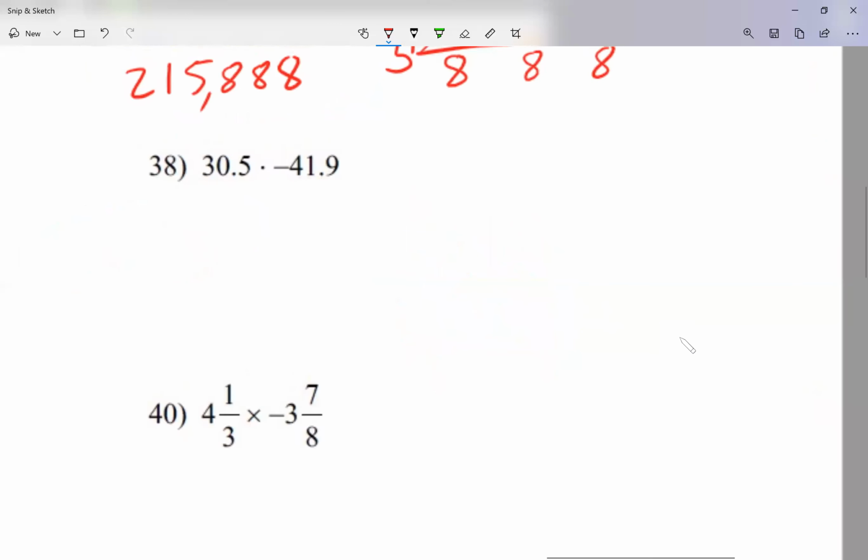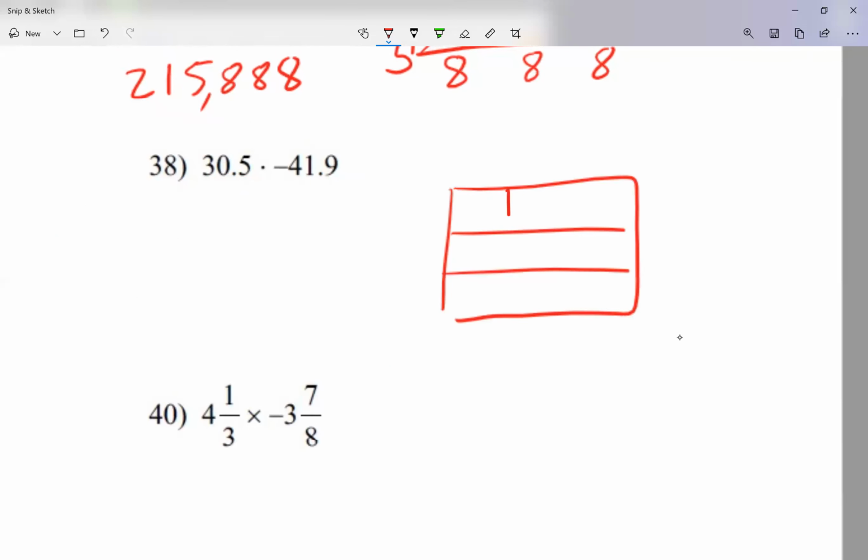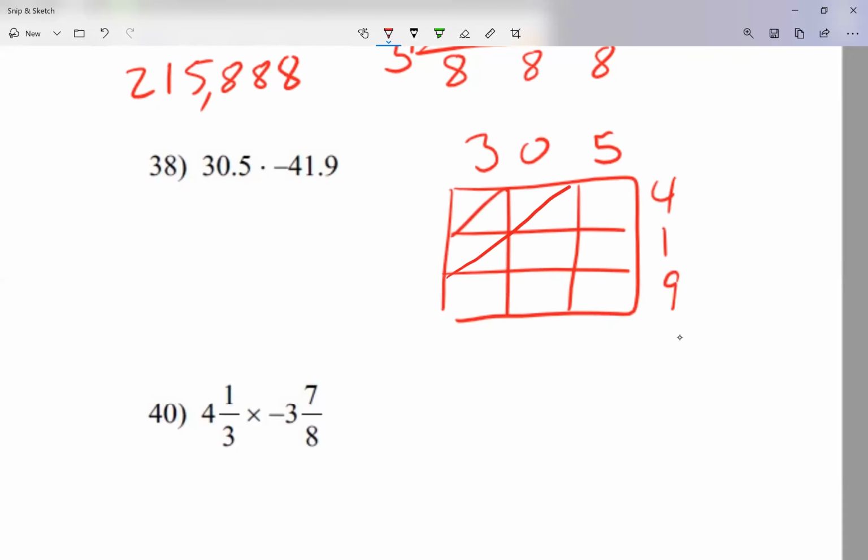Let's take a look at question number 38. It's also 3 by 3. I'm going to go 305 times 419. Let me put zeros here. 0 times 4, 0 times 1, 0 times 9, 0 times anything is 0.